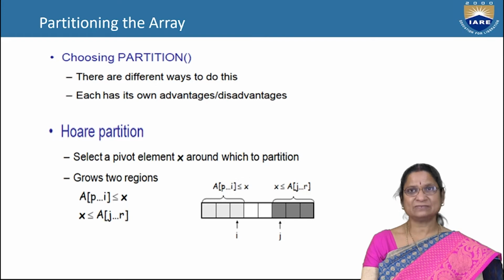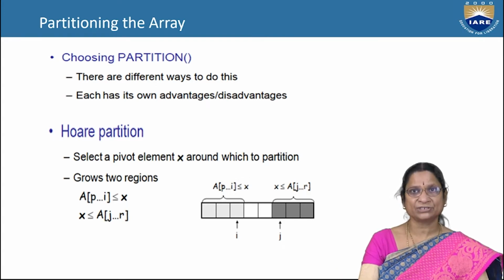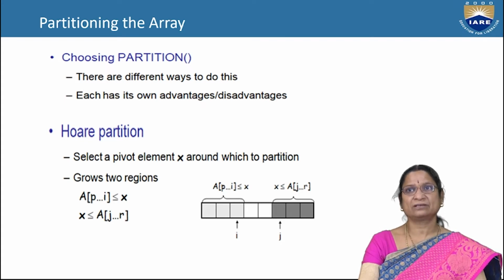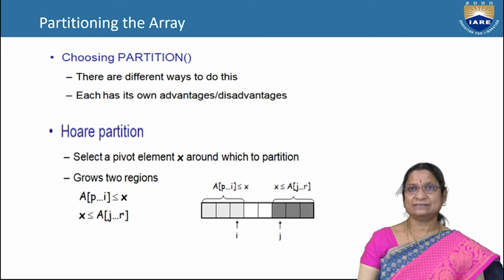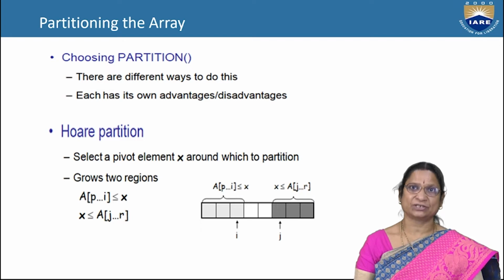Array partitioning means, in this current example, we will select an element as a pivot element around which the partition is going to be done. One of the elements is going to be considered as the pivot element. We will do the partitioning in such a way that this pivot element is placed in its correct position.